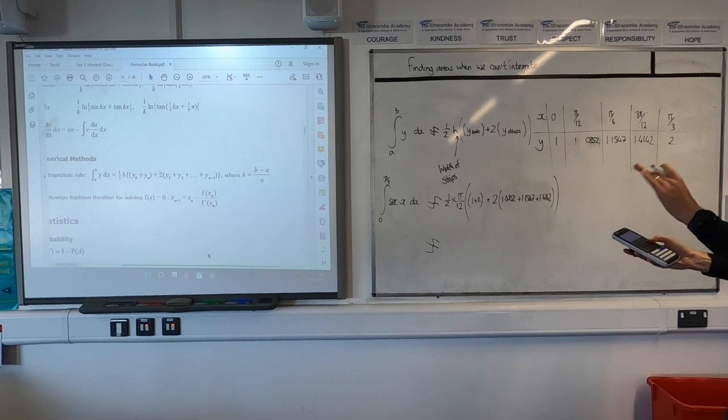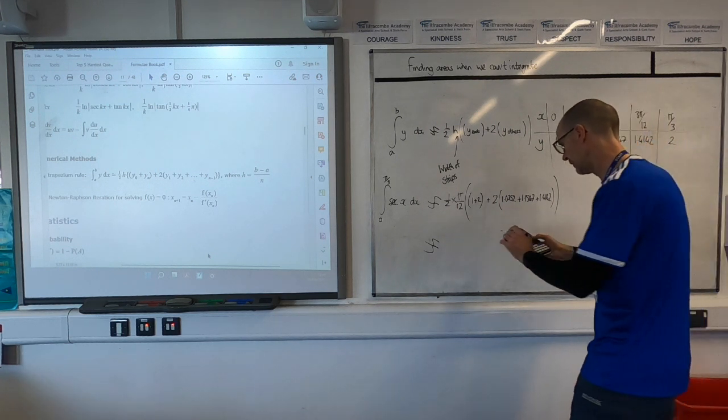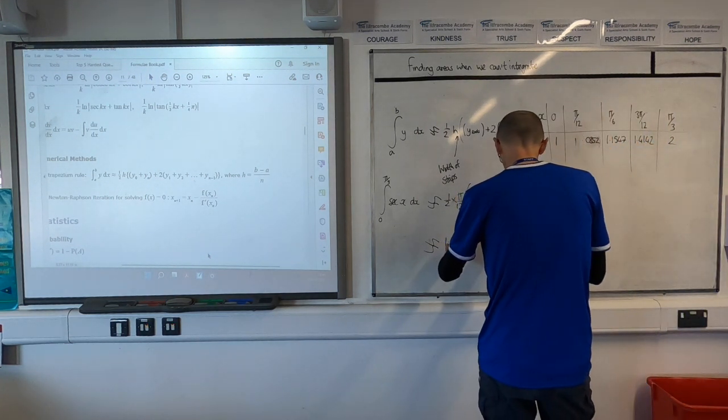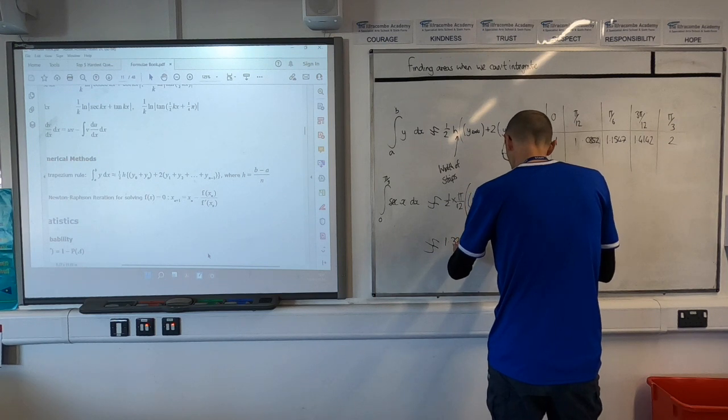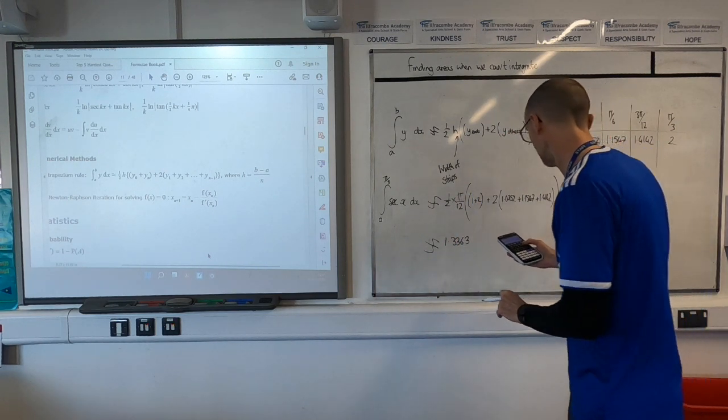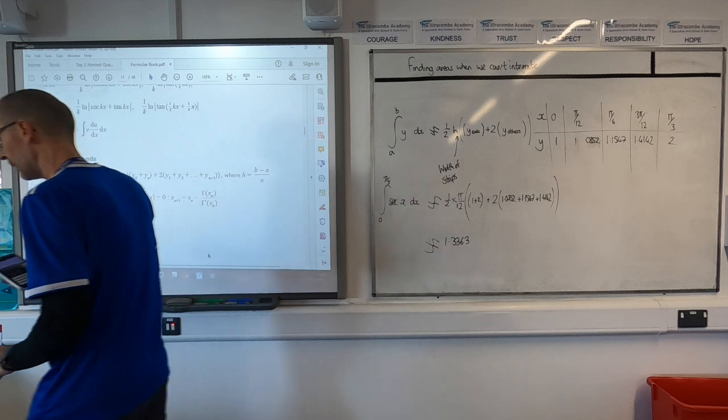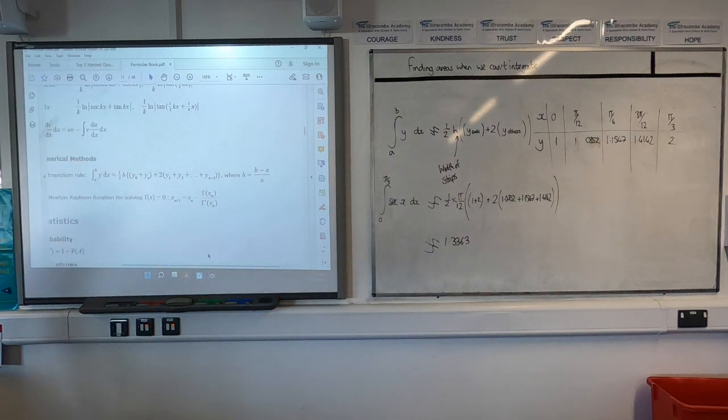Just got to make sure you have all your brackets closed off. Should I get to 4 decimal places? Now, because in this case we could actually check it. We could integrate it and check it.